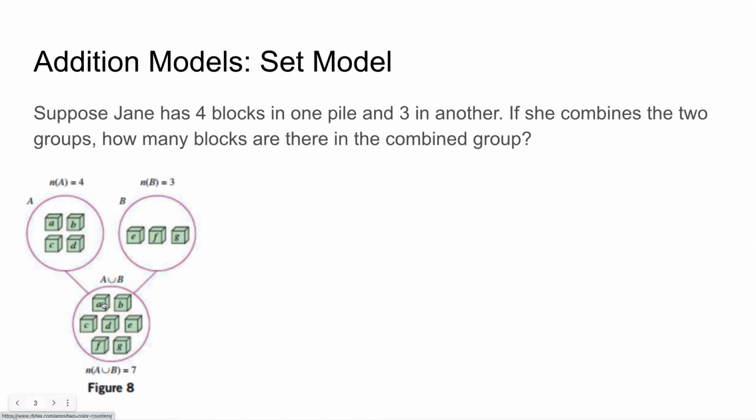With elementary school second graders, you're not gonna use this as a set, but in general, we can say, here's one set of 4 blocks and there's another set. We're gonna combine them together and count them all as one whole new set.